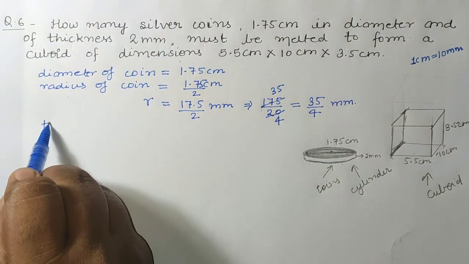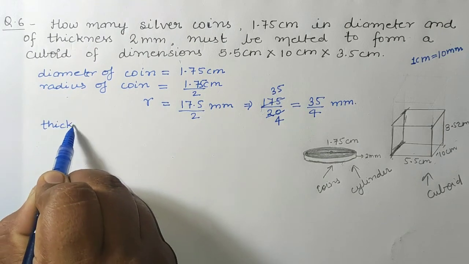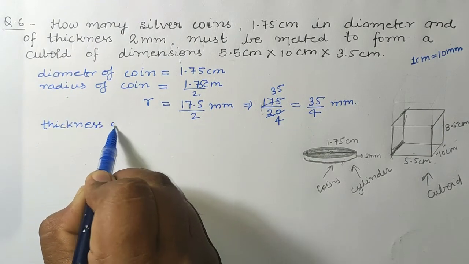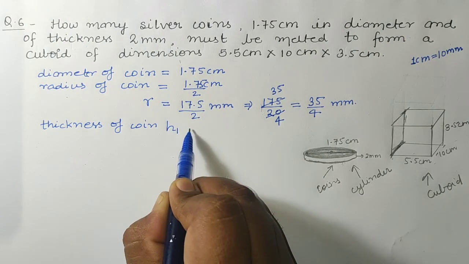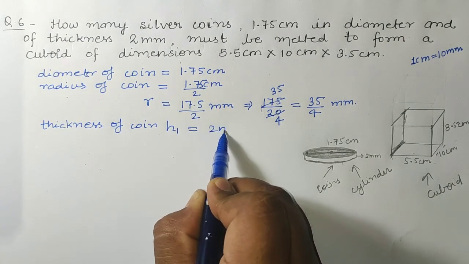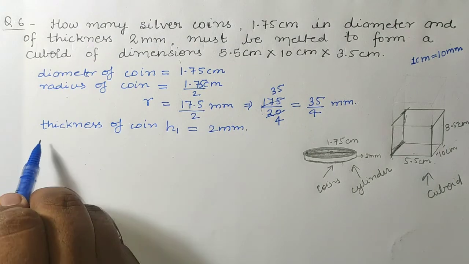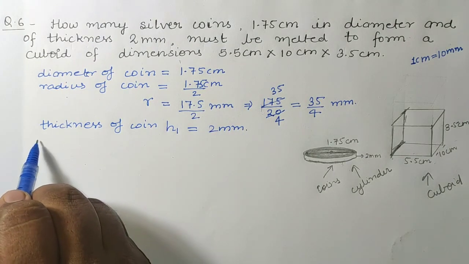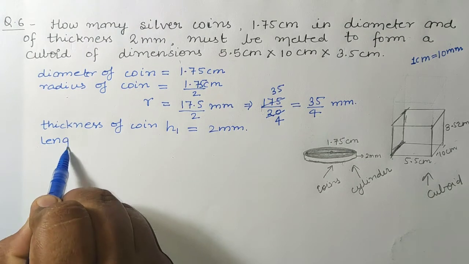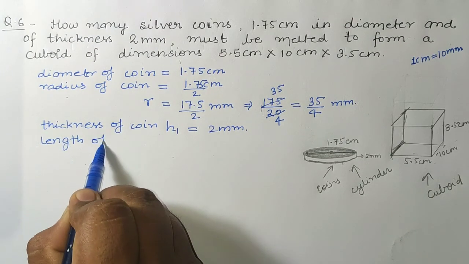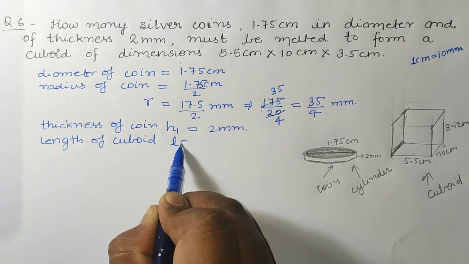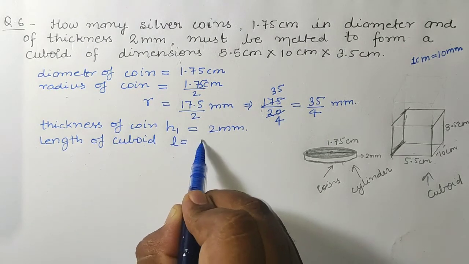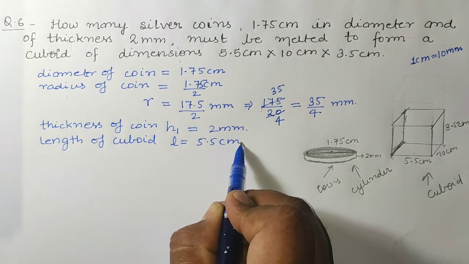Now thickness of coin, suppose it is H1, so H1 is given 2 millimeter. Now about cuboid. The length of cuboid L is given 5.5 centimeter.